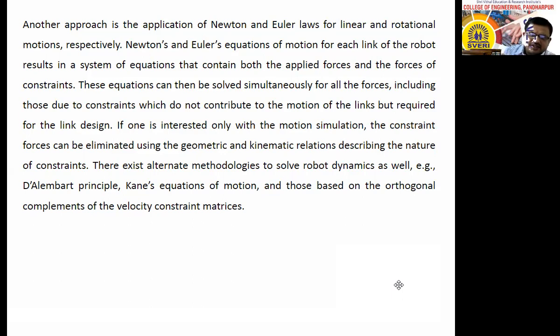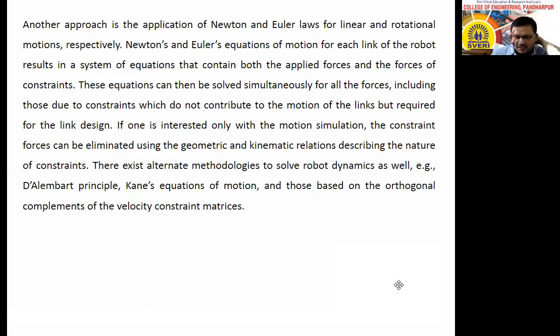These equations can then be solved simultaneously for all the forces, including those due to constraints, which do not contribute to the motion of the links but are required for the link design. If one is interested only in a computer simulation, the constraint forces can be eliminated using the geometric and kinematic relations describing the nature of constraints.